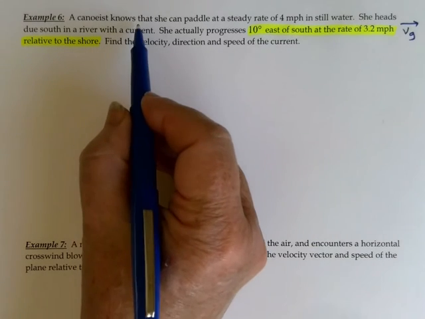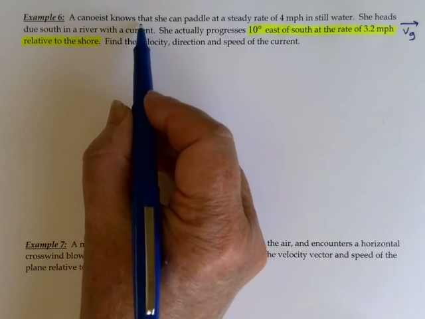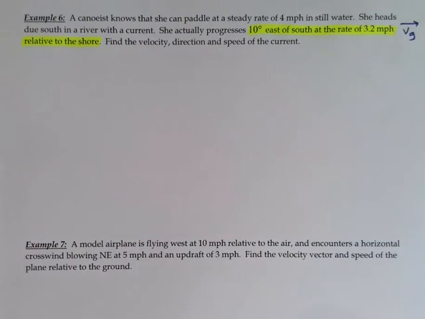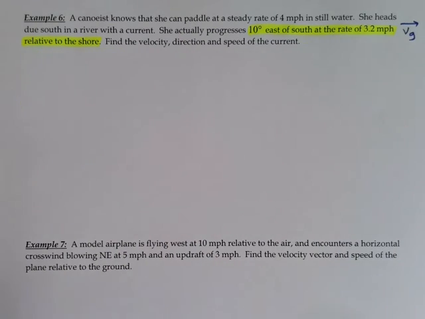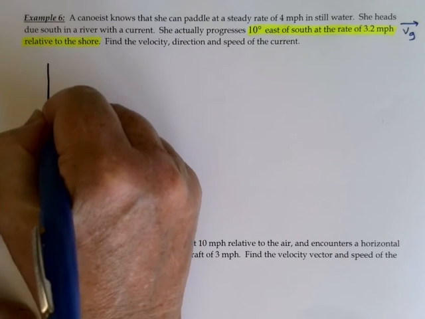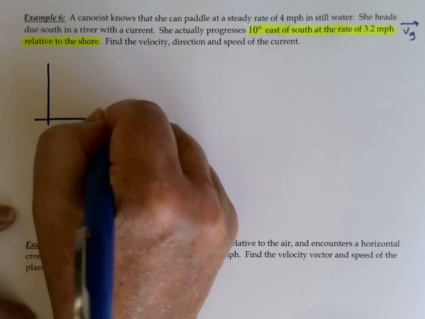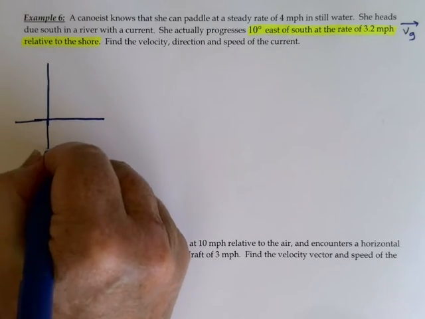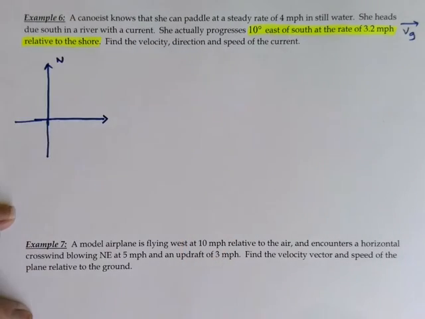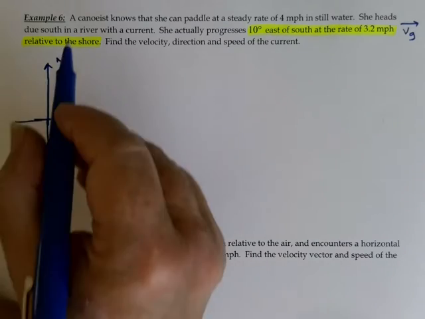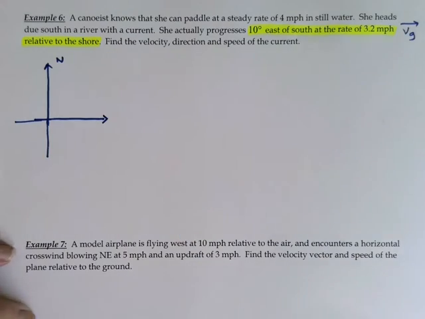We also have the canoeist herself. So we've got her going 4 miles per hour. And our goal is to find the unknown current. So once again, let's make a little picture of what we have. In this case, the canoeist is heading due south at 4 miles per hour.